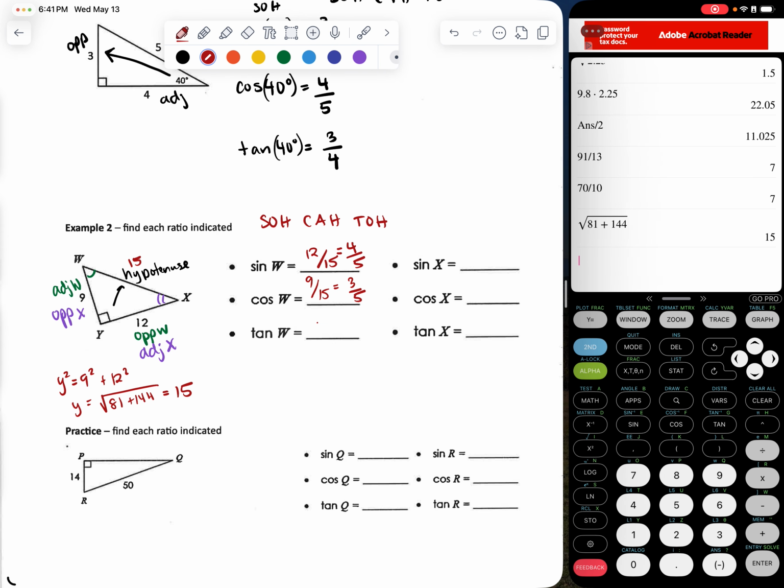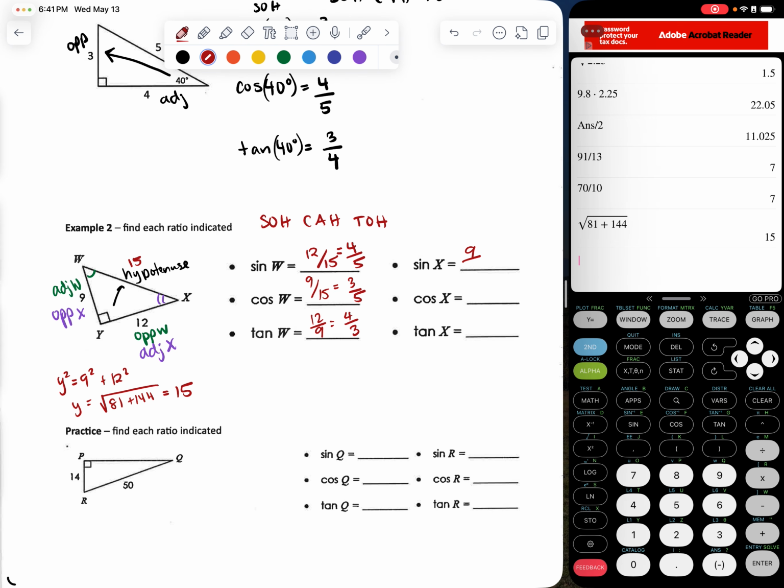Tangent is opposite W over adjacent W. Both of those are divisible by 3. So once again, 9 divided by 3 is 3. We have 4/3.